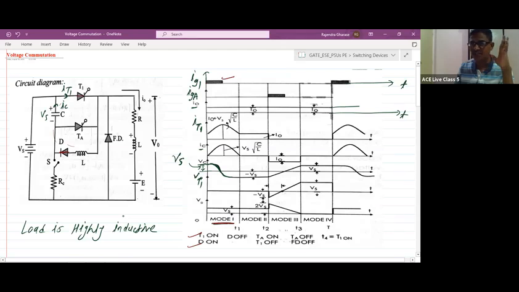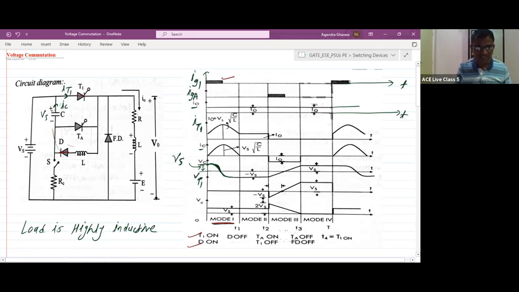The capacitor discharges and again charges to the reverse polarity. Initially the capacitor voltage was Vs, that is upper plate positive, lower plate negative. That voltage is plus Vs, so we considered that voltage as plus Vs. As soon as this thyristor T1 turns on, our capacitor starts discharging through T1, L, D, and again back to the C.